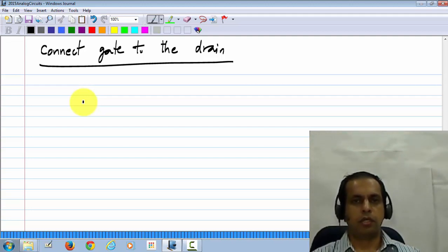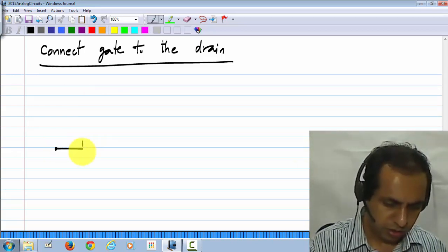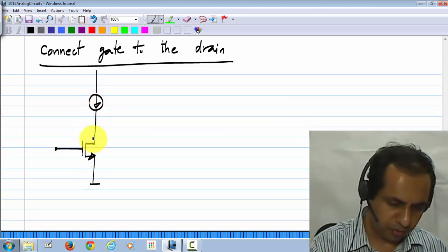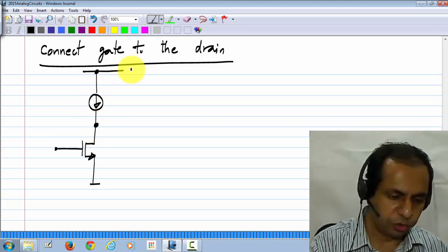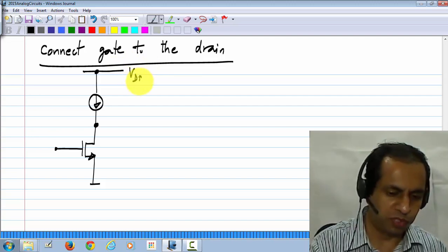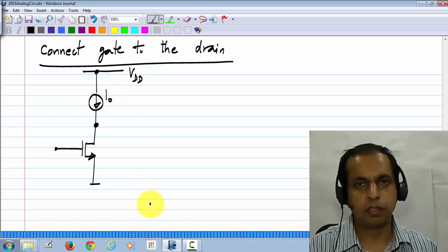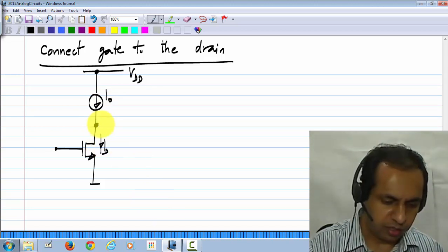So the easiest thing to do is to make VG equals VD. That gives us the first type of circuit. This will be connected somewhere. I'll assume that it is connected to some supply voltage VDD. This is the current I naught, and this is the actual drain current ID.